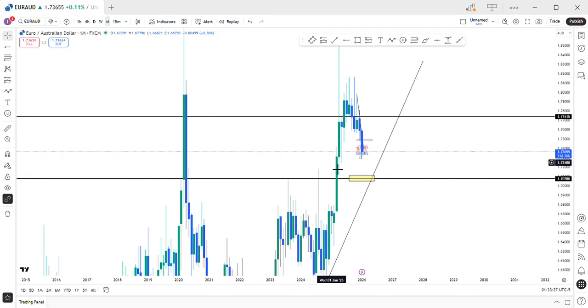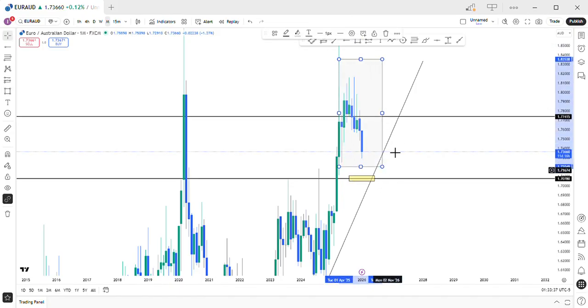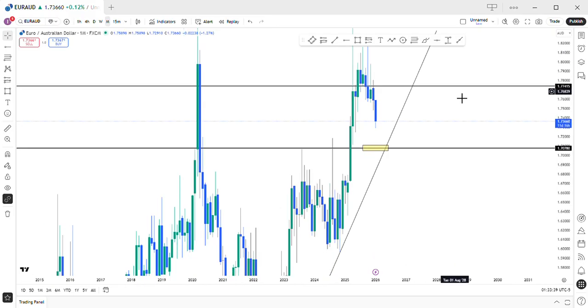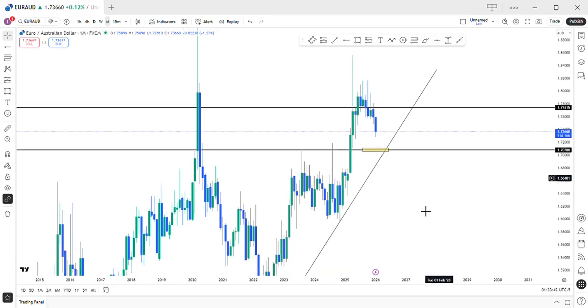On the monthly time frame, we got price currently in a bearish movement due to this massive retracement, because we got an indication around this area right here. Price broke out from an important level, gave us an indication, then started correcting.